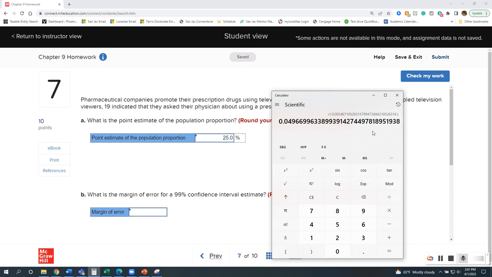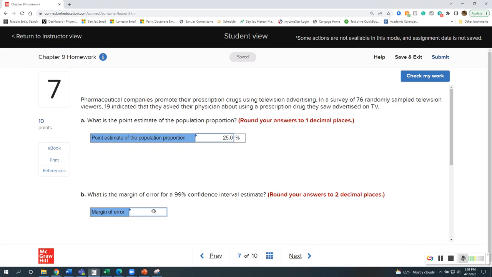So the square root, and then multiply it by our z, which was 2.57. It ends up being a margin of error of 1.28, or round to 2 decimal places. Ooh, almost got caught there. So 0.13.